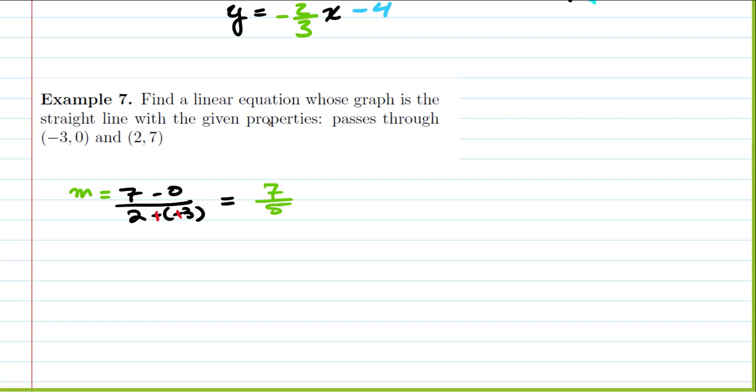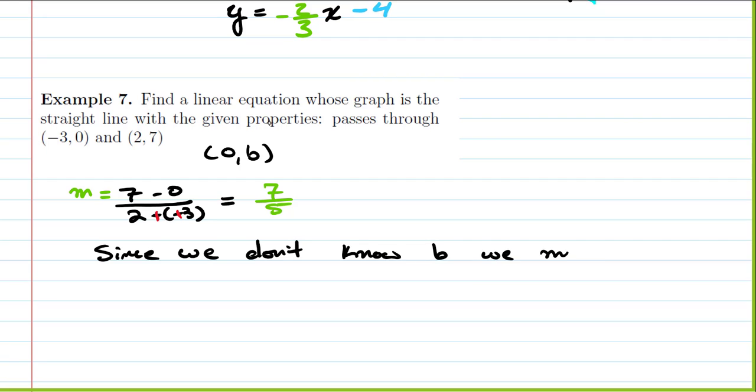So that would be the slope of this line, and then neither of these points are the y-intercept. We don't have a point of the form (0, b). So we weren't given the y-intercept. So since we don't know, we must calculate it.